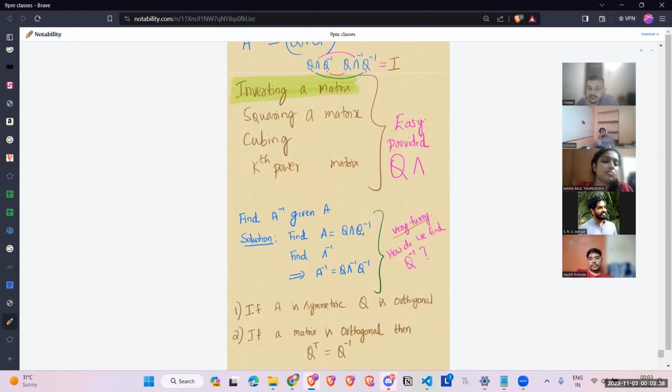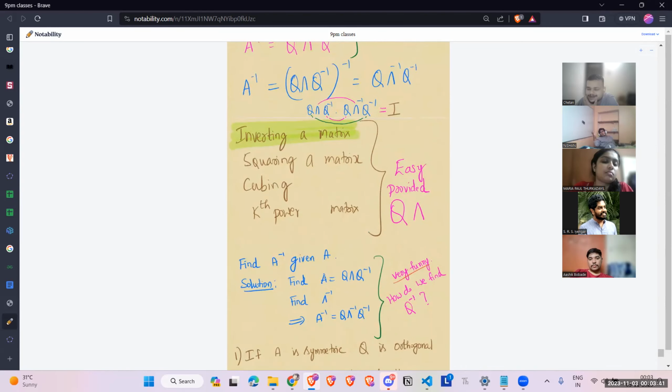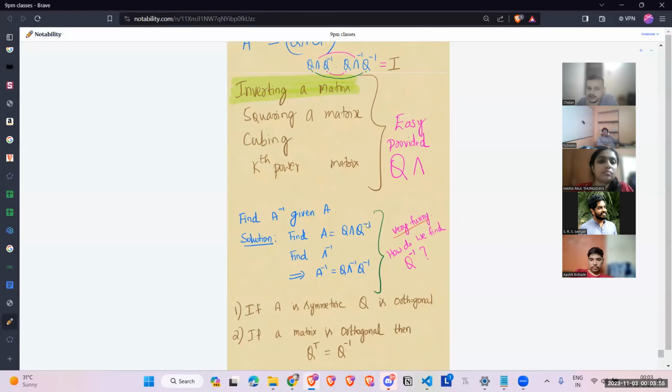Then we observe that there is another nice property for that Q inverse. When your matrix is a symmetric matrix and your Q is orthogonal, that is, the eigenvectors are orthogonal.